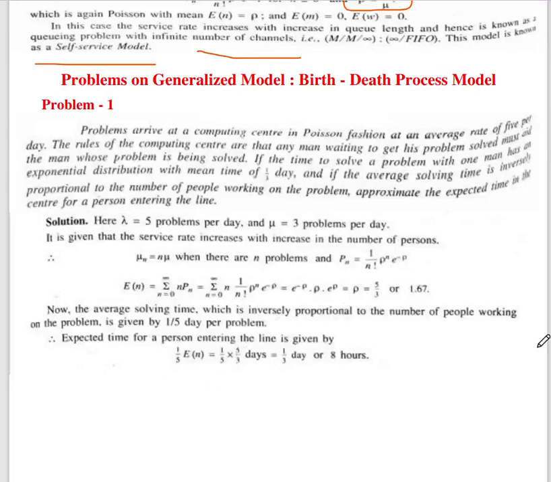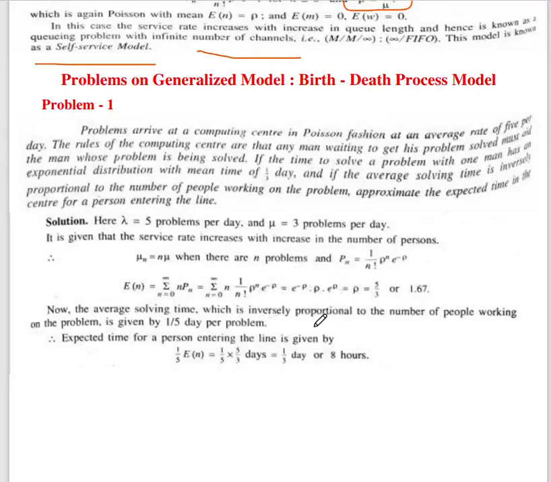Now the expected value of n equals summation n equal to 0 to infinity n Pn. Putting the value of Pn, this is summation n equal to 0 to infinity n times 1 upon n factorial rho to the power n e to the power minus rho.